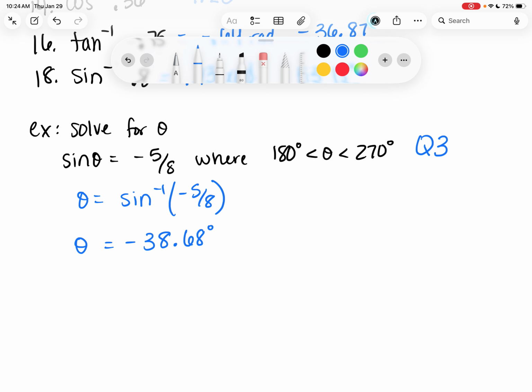That means that this value that it produced occurred down here in quadrant 4. Where's my answer supposed to be? Quadrant 3. Supposed to be over here in quadrant 3. So, I have to do something to find what the quadrant 3 angle is, because that's what I'm trying to solve for.